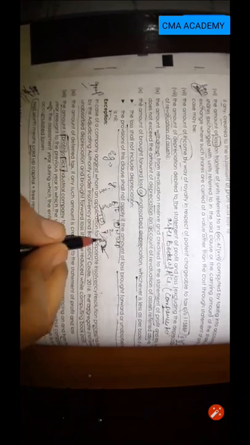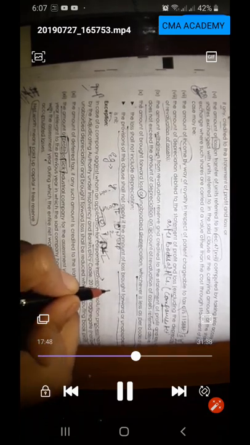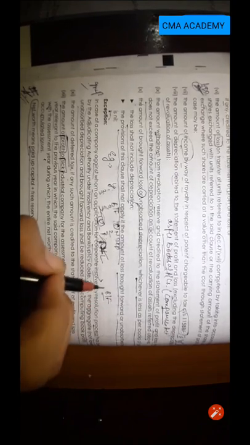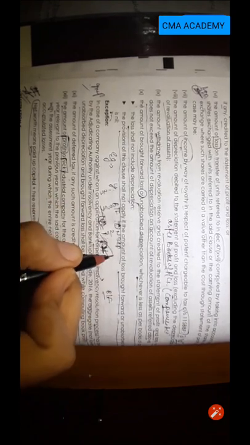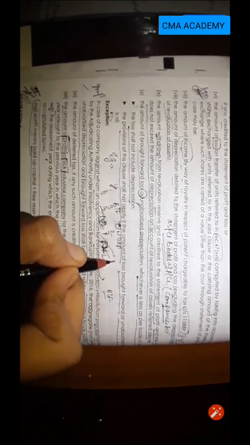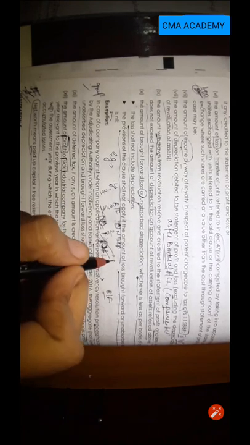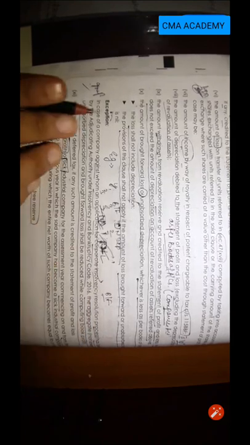If the unabsorbed depreciation value is nil, the brought forward loss shall continue to be carried forward to the next year. It should not be allowed as deduction. Similarly, if brought forward loss is nil, then the unabsorbed depreciation is not allowed as deduction. It is also carried forward to the next year.